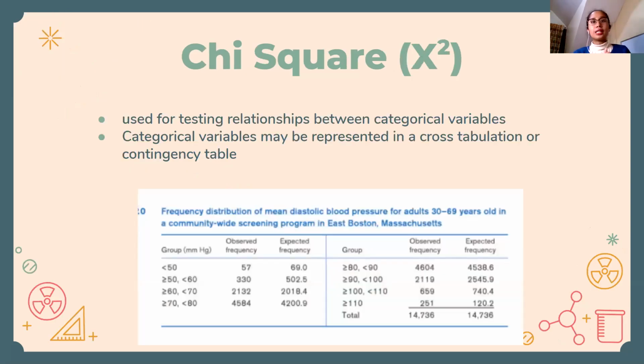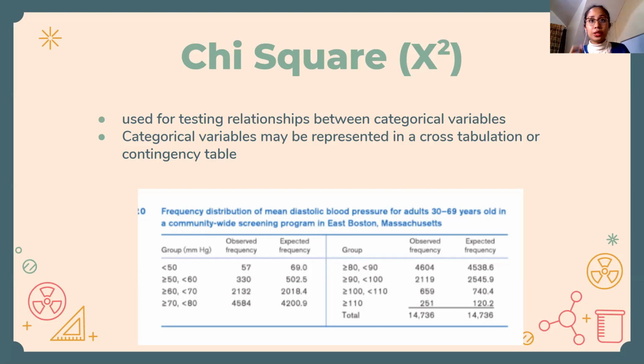So class, when we talk about chi-square, the variables are grouped into categories. Ma'am, like what categories? Example, blood type A, blood type B, blood type C. If the person is smoking or non-smoking, smoker or non-smoker, their BMI, their weight.